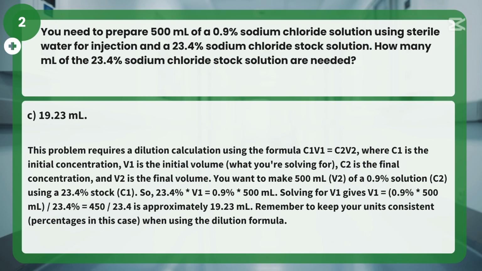So, 23.4% * V1 equals 0.9% * 500 milliliters. Solving for V1 gives V1 equals 0.9% * 500 milliliters / 23.4% equals 450/23.4, approximately 19.23 ml. Remember to keep your units consistent, percentages in this case, when using the dilution formula.